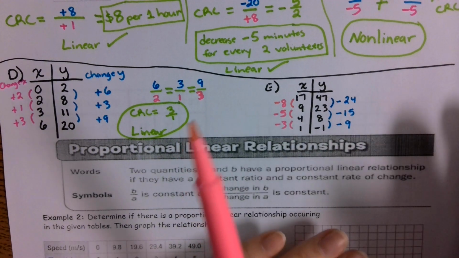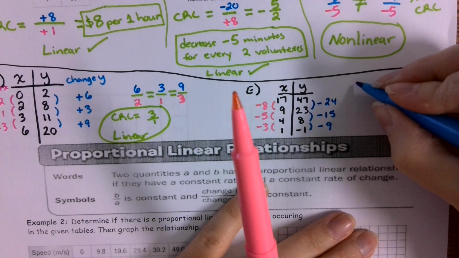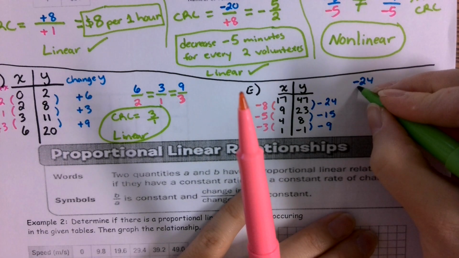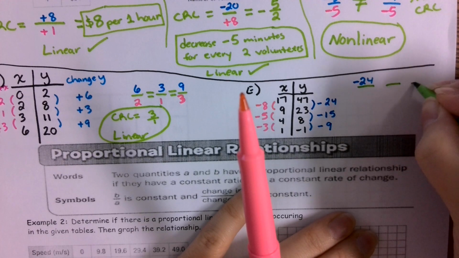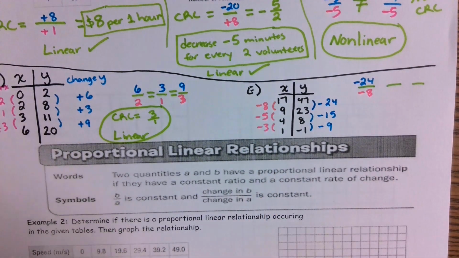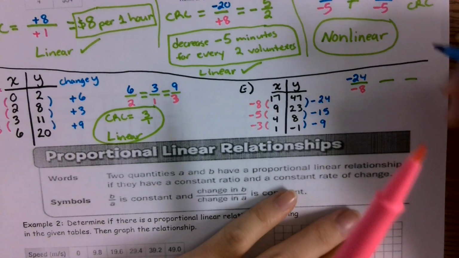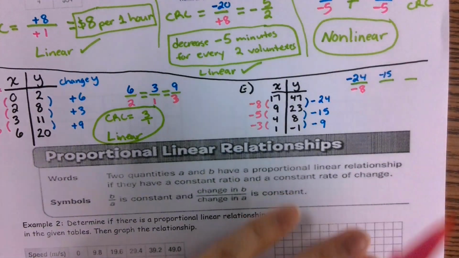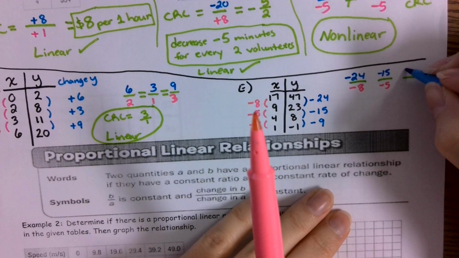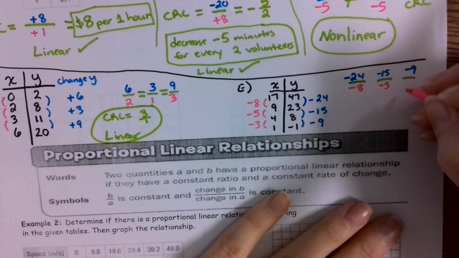If you were to go ahead and check each of these individually, you would have negative 24 over negative 8. Again, a negative over a negative will come out to a positive. You would have a negative 15 over a negative 5. And then you would have a negative 9 over a negative 3.